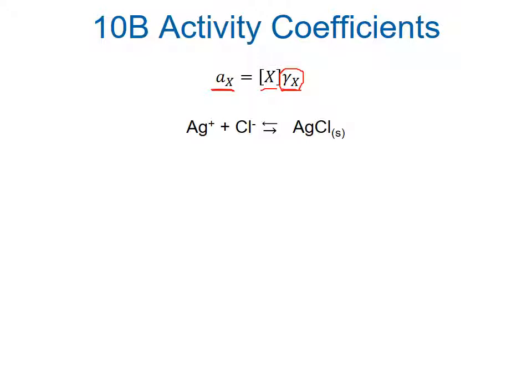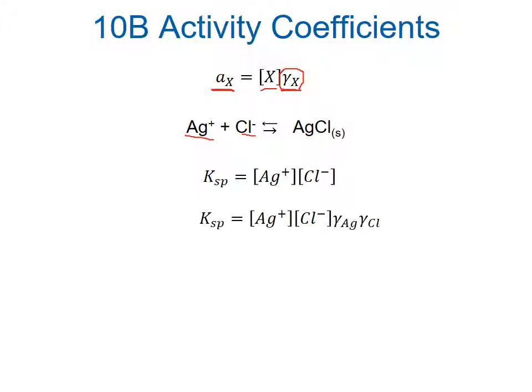That coefficient can define a ratio of the actual concentration that we have that's going to be functionally available in solution. So for example, if we're looking at the equilibrium between silver chloride and each of its dissolved ions, we would normally designate a solubility product, but if we wanted to use activity coefficients instead, that would actually give us a consistent solubility product.